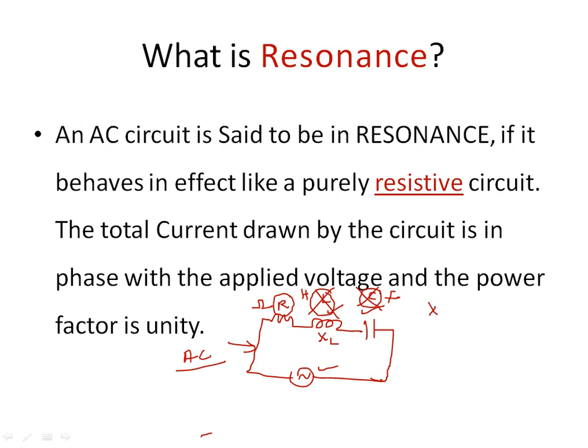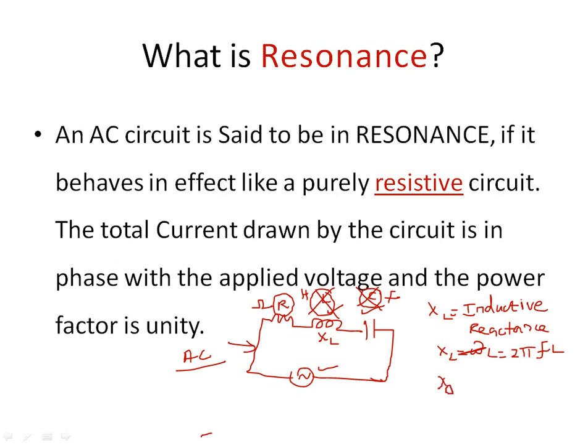What do you mean by XL? XL is nothing but inductive reactance. What is the formula to calculate XL? XL is equal to omega L, which is equal to 2 pi FL.